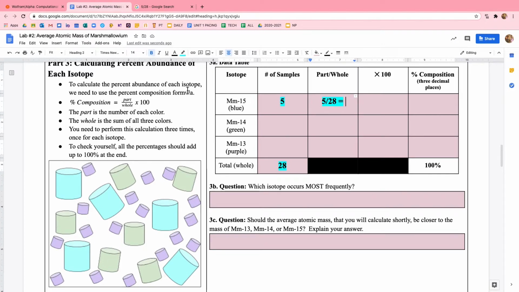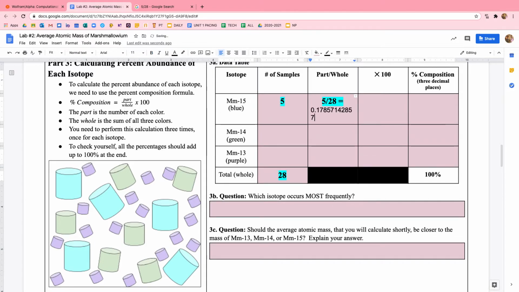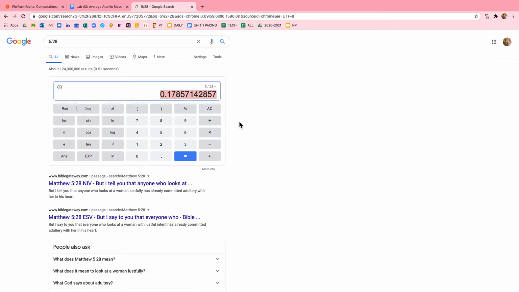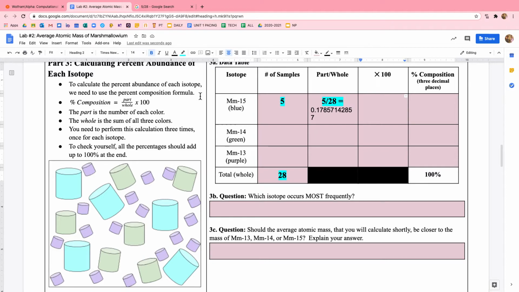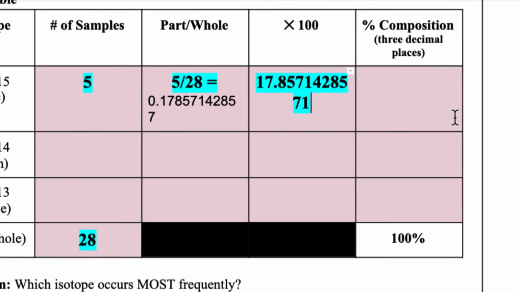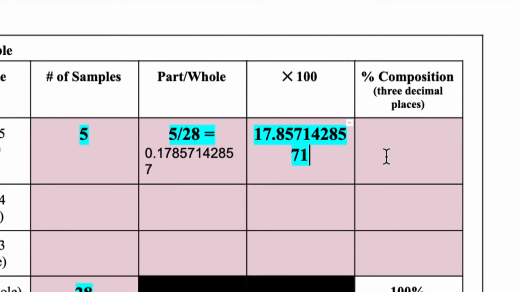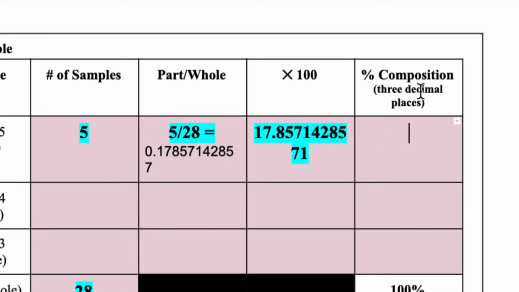Okay. And it wants me to multiply by 100. So I'm going to take this number and I'm going to multiply by 100. Okay, that gives me this number. Okay, and that's going to go in this column here. And for the last column, they want the percent composition to 3 decimal places.